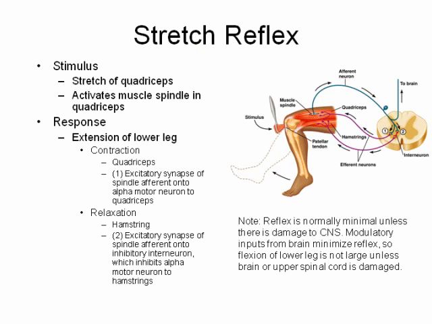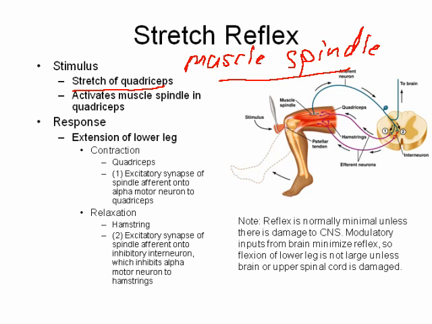But the important thing here is that stretch of the quadriceps. The stretch is activating muscle spindle afferents, which we talked about in a previous lecture. So the stimulus is activating a specialized sensory receptor, which is the muscle spindle, which of course is attached to an afferent neuron.